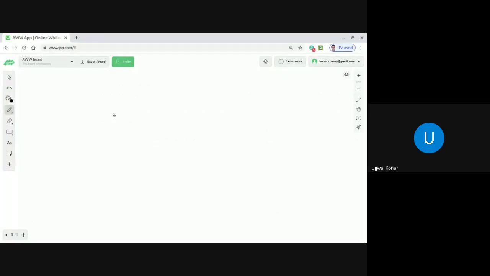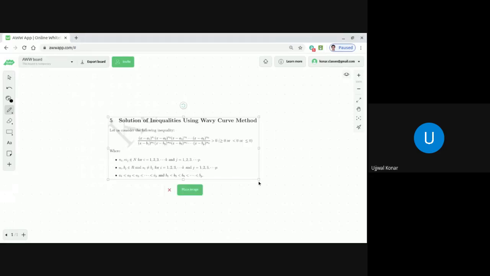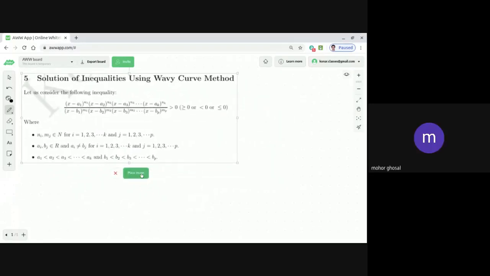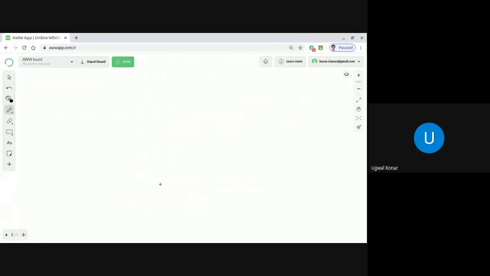I hope all of you are able to view the screen properly, dear students. Could you confirm that you are able to view the screen properly? Yes, sir. Okay, all right.